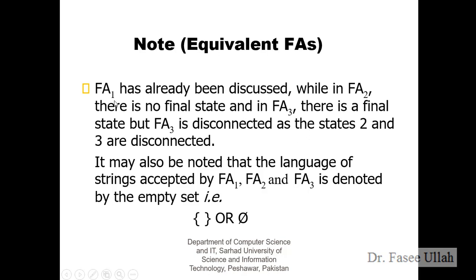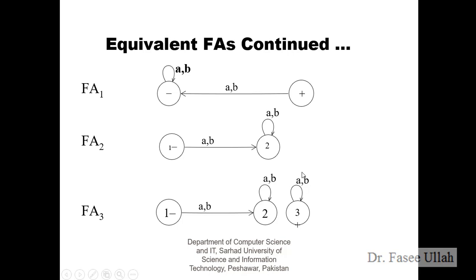We have some notes: finite automata 1 has already been discussed, while in finite automata 2 there is no final state. In 3 there is a final state, but finite automata 3 is disconnected. States 2 and 3 have no relationship or no line between them. It may also be noted that the language of strings accepted by finite automata 1, 2 and 3 is denoted by the empty string, right? Usually if we have this kind of situation, we can say it's an empty symbol or empty string, right?